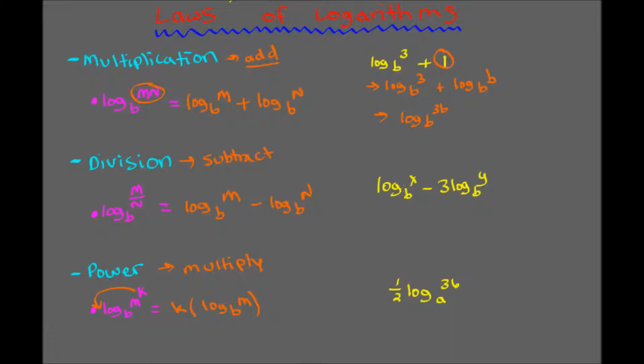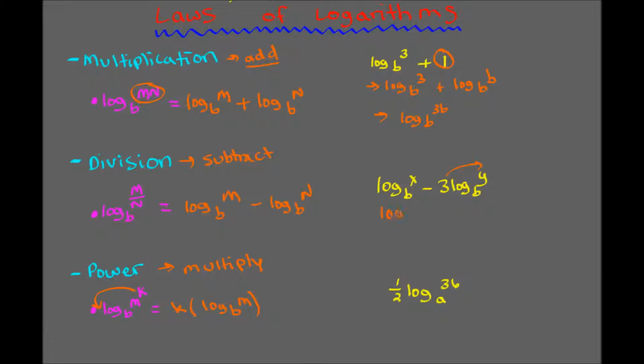We have log base b of x minus 3 log base b of y. We have to apply two rules here. The first one is the exponent rule, or the power rule that we have here. We have a number that's a coefficient of the log, so we have to move it up here as a power.